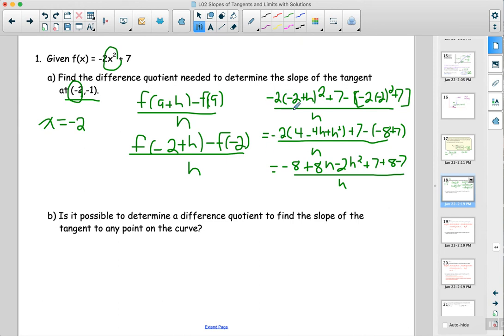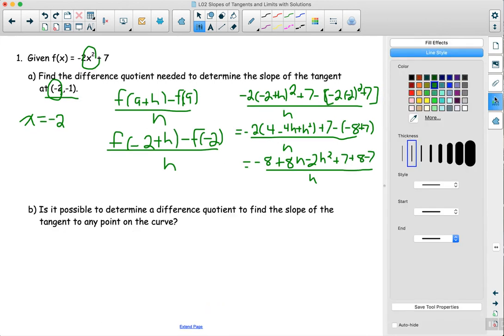This is -2 times, if I expand this, I'll get -2 times -2, that's 4. -2 times h times 2 is -4h, squaring h is h squared. There's plus 7 minus -2 all squared is 4 times -2 is -8 plus 7. Distributing, I get -8 plus 8h minus 2h squared plus 7 plus 8, then minus 7.